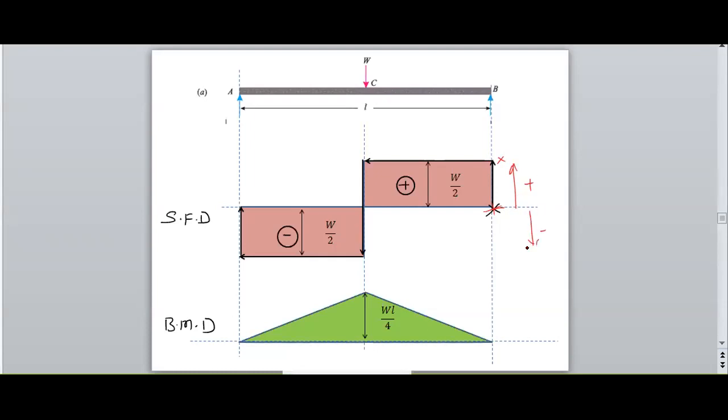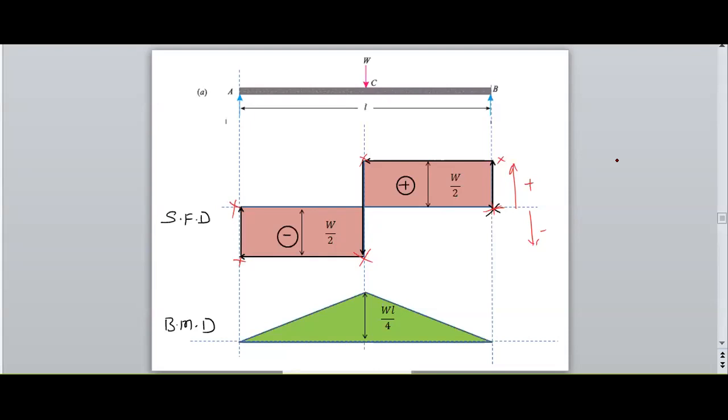In the cantilever beam, I had considered only a negative diagram. Next, before C, again a positive W by 2, and at C, a negative W by 2. Before A, I am getting a negative W by 2, and at A, it is 0.